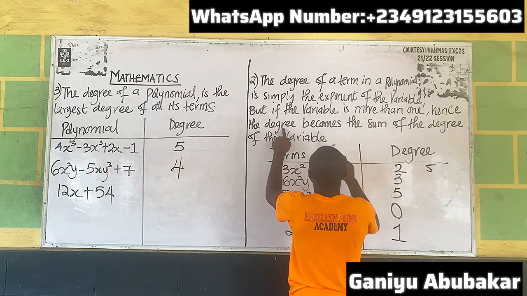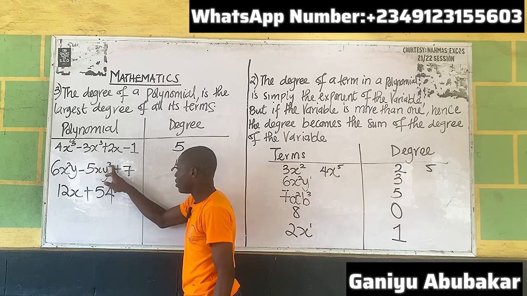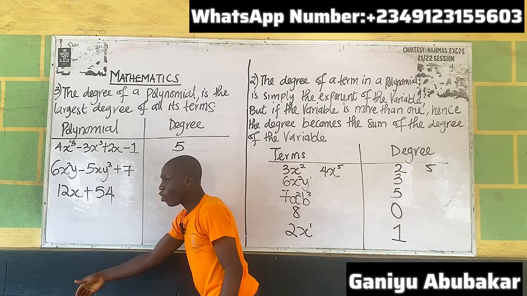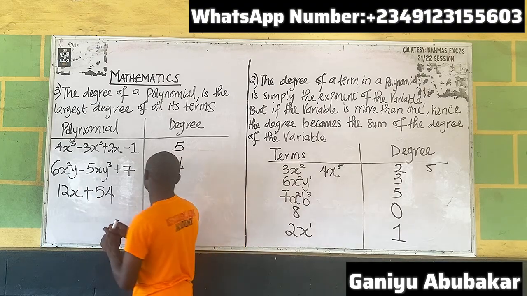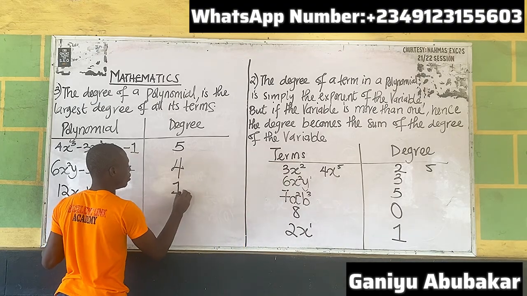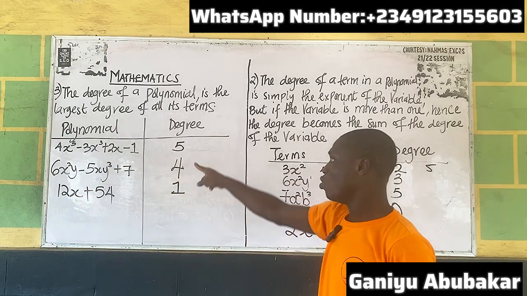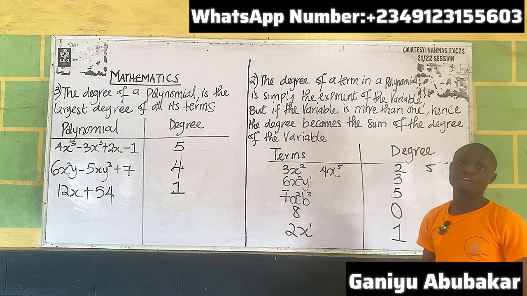Hence, the degree becomes the sum of the degrees of the variables. So I'm adding 1 plus 3. That gives you 4. For this part here, what is the degree? It's just 1. Right? So the degree here is 1. This is how to identify the degree of a polynomial and the degree of a term in a polynomial.